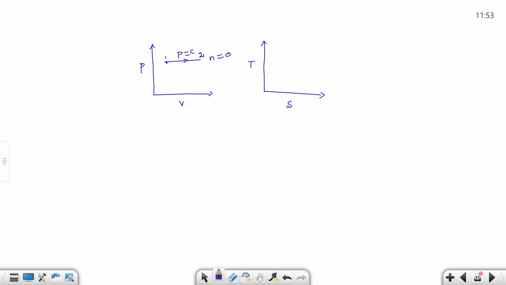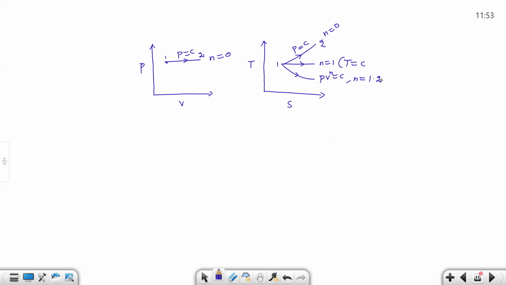Whereas in the TS diagram, it will be something like this, your constant pressure expansion 1 to 2, n equal to 0. So this is the constant temperature, n equal to 1, temperature constant process. This is PV power n equal to, maybe, 1.2.